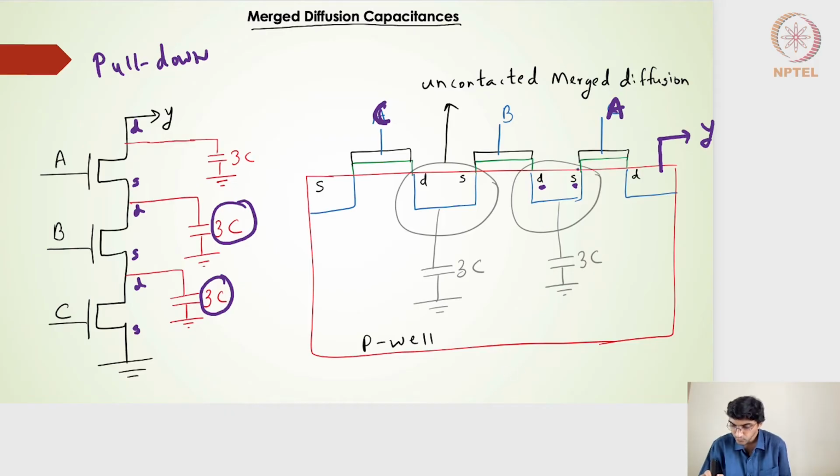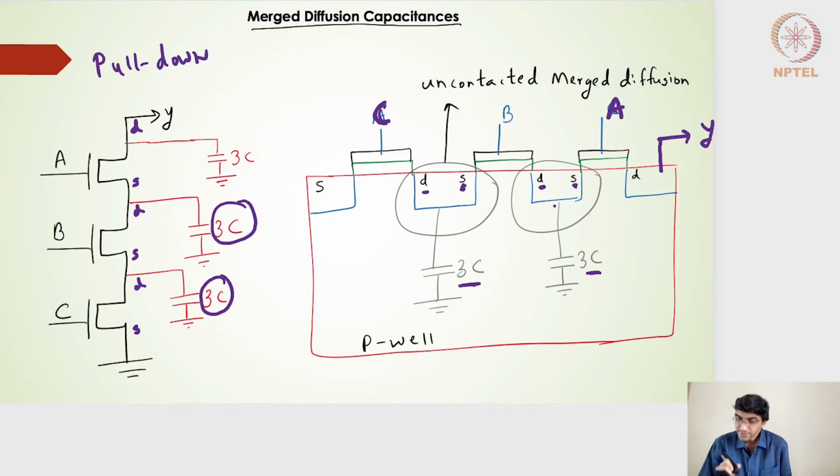I will have only one diffusion pocket here, which will give me a capacitance of 3C. Similarly, on the other side of B there is a source, and then the C transistor's drain diffusion. Both of them will get merged and give me the 3C capacitance. All right, so that's what we had said.